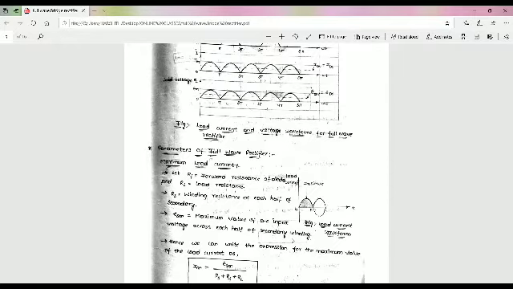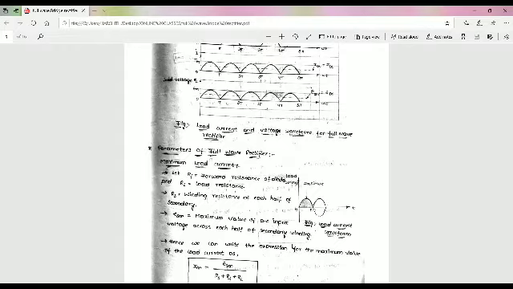These are all the parameters. So ES equal to ESM sin omega t, where omega equal to 2 pi f. ESM means the maximum value of the AC input voltage across each half of the secondary winding.